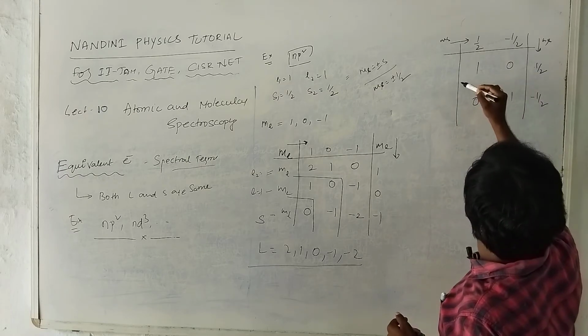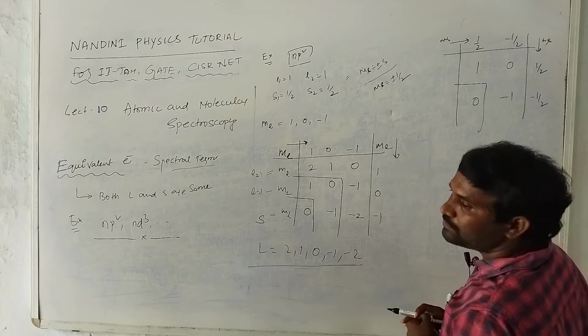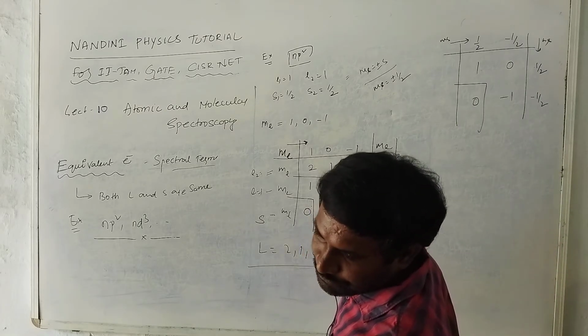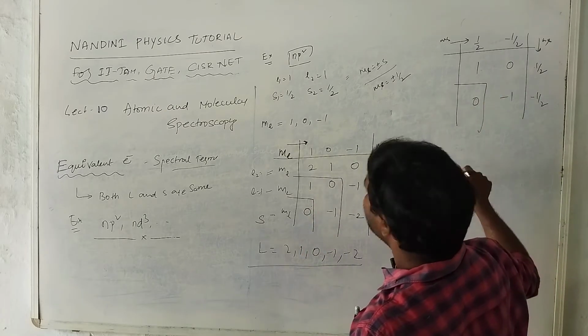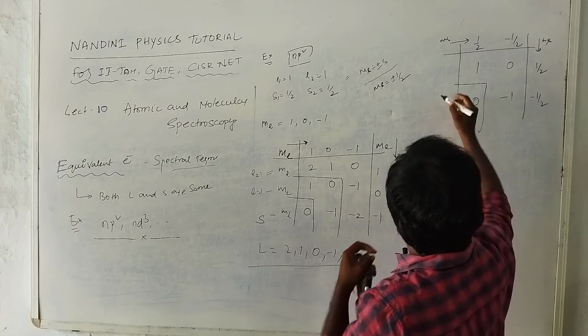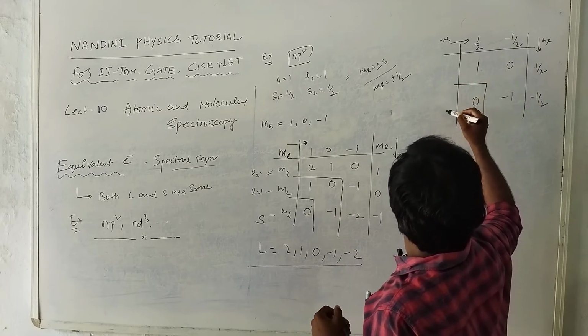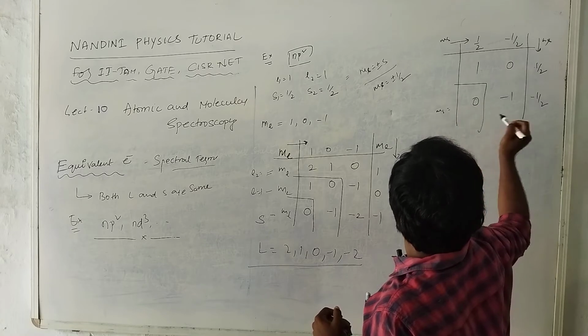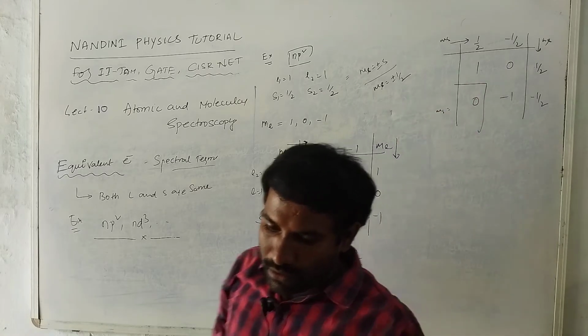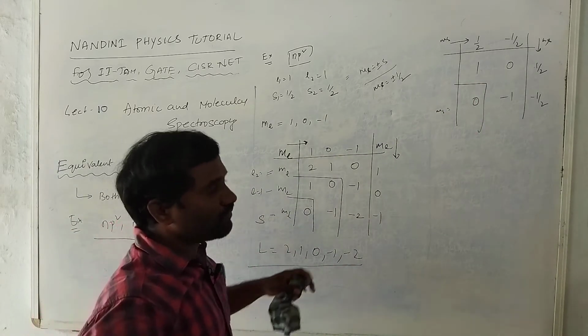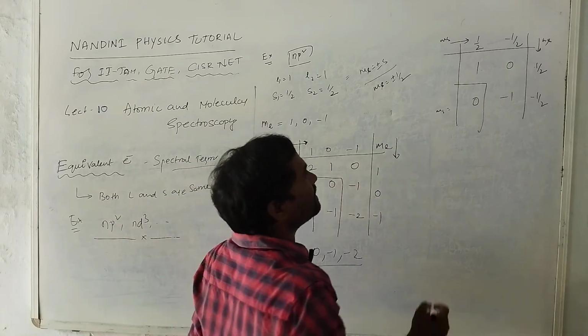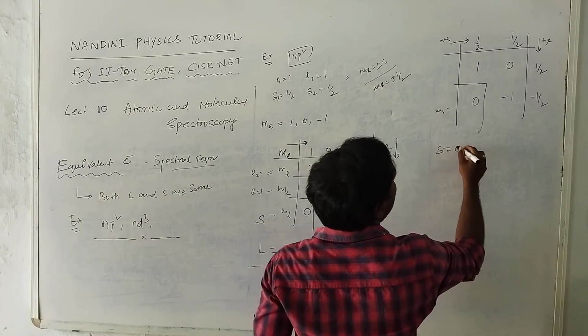Now, these are the possible ms values for the S state and these are the ms values for the other state. S is equal to 0, 1 only.